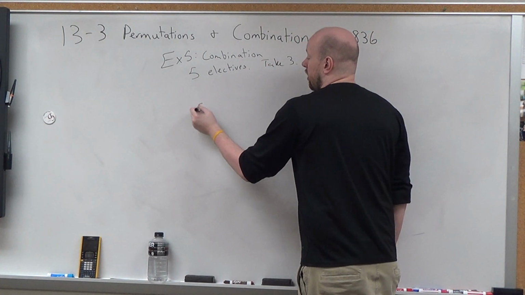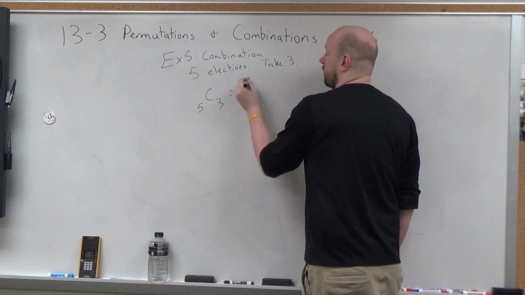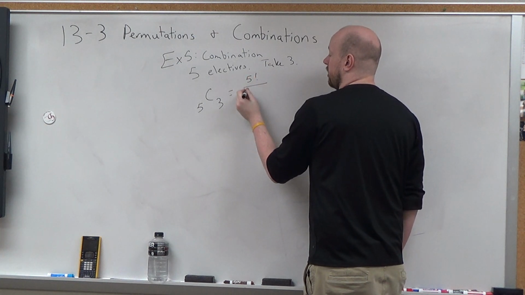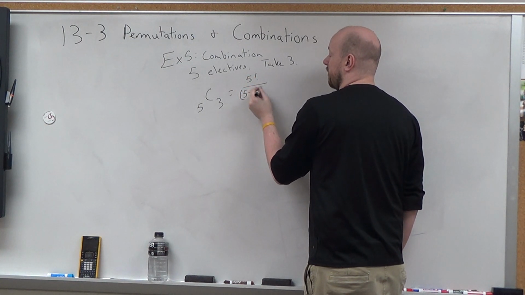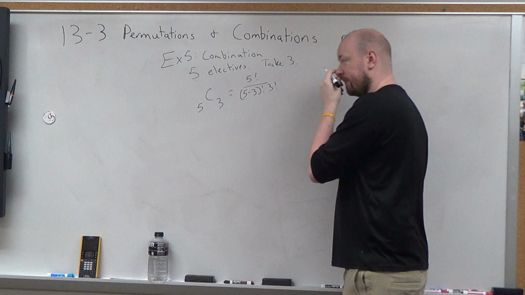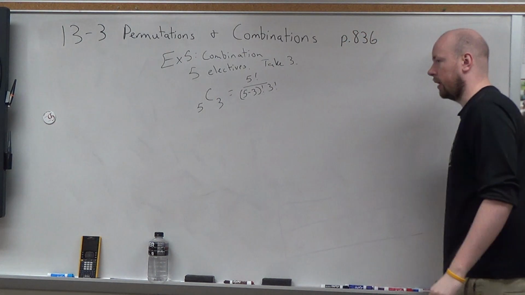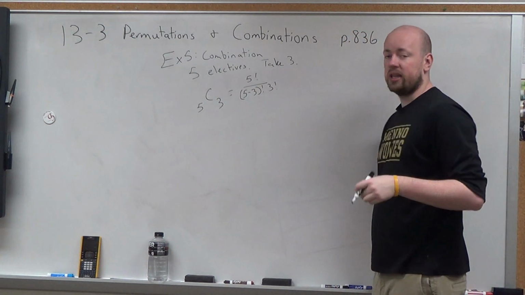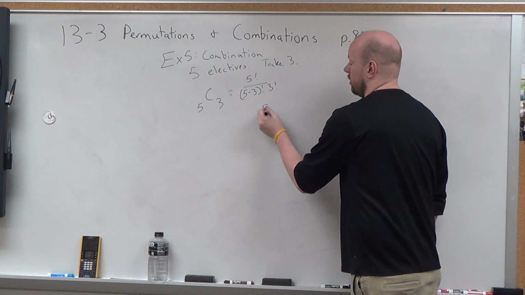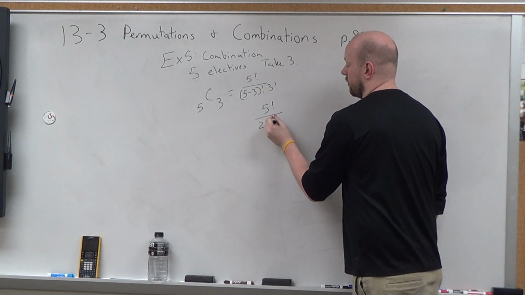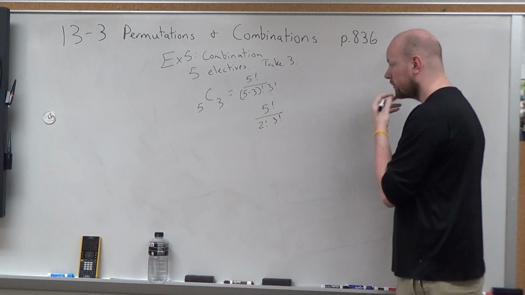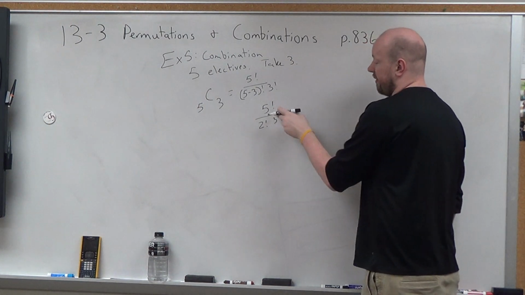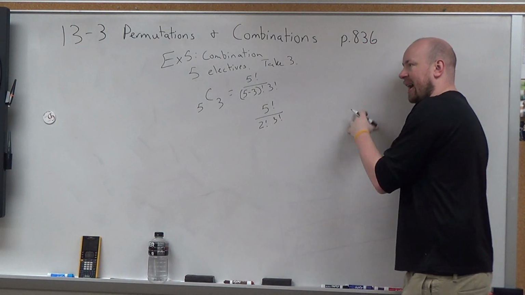So 5C3 equals 5 factorial over 5 minus 3 factorial, 3 factorial. Again, 5 minus 3 on the inside would give me 2 factorial. 5 factorial over 2 factorial, 3 factorial. Well, I can rewrite 5 factorial as an expression to find my highest one.